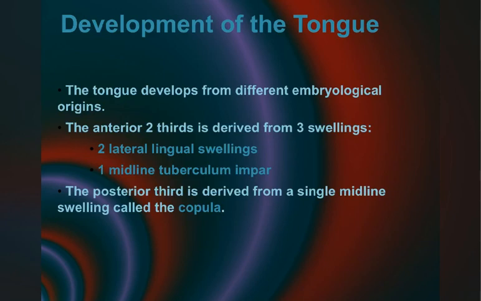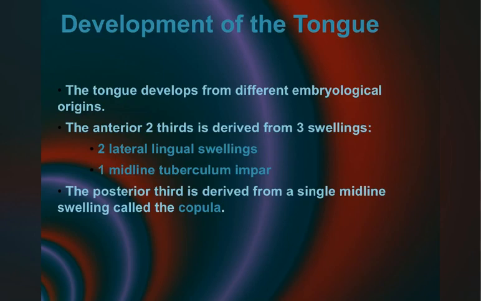Posterior one-third mainly from the third pharyngeal arch. In the anterior two-thirds we have some contribution of the second pharyngeal arch. In the posterior one-third we have some contribution from the fourth pharyngeal arch, specifically in the most posterior region of the posterior one-third.